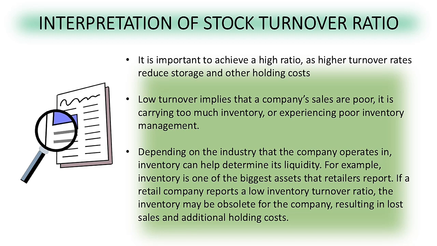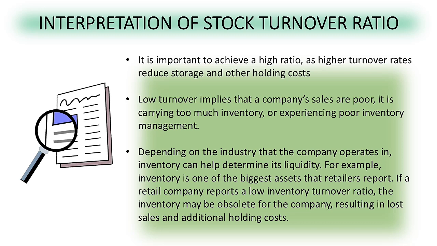Number 2, low turnover implies that the company's sales are poor. It is carrying too much inventory or experiencing poor inventory management. Unsold inventory can face significant risk from fluctuating market prices and obsolescence. Number 3, depending on the industry that the company operates in, inventory can help determine its liquidity.